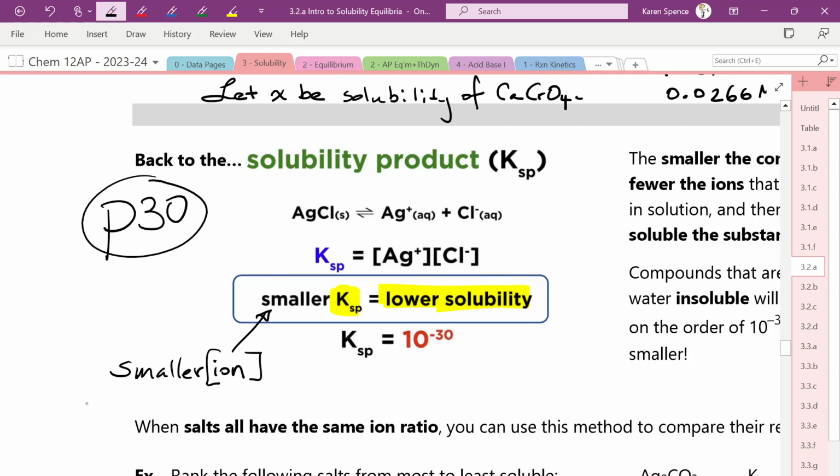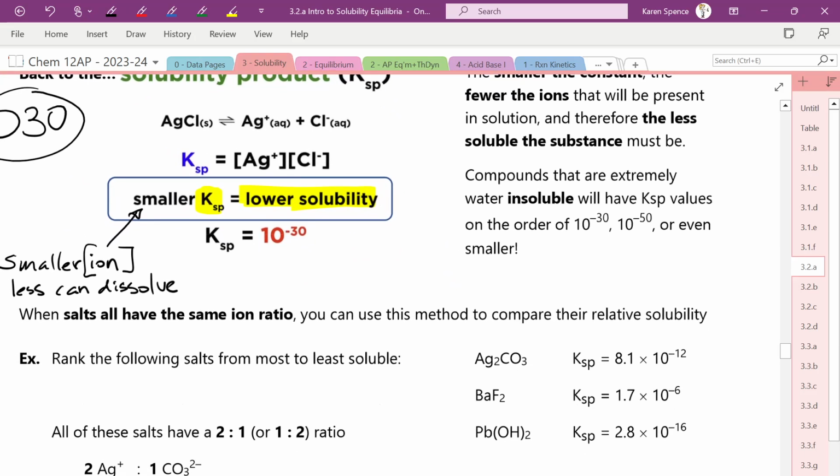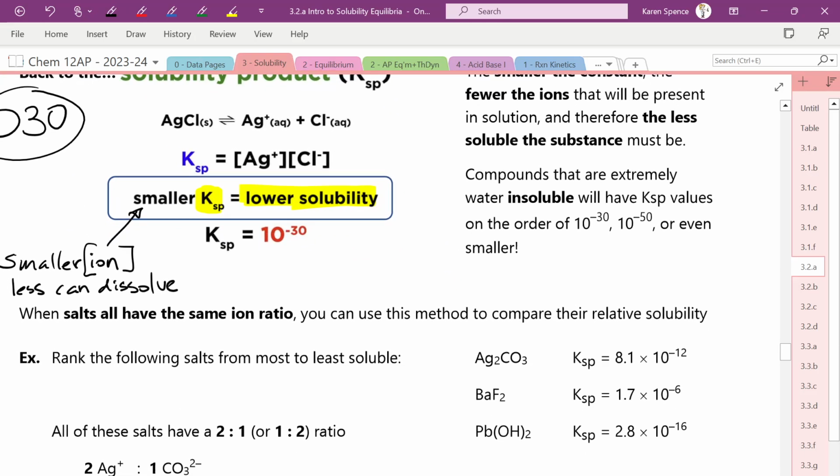Therefore, less is dissolved. Now, it is somewhat difficult to make direct comparisons unless you have the same ion ratio. So when you have the same ion ratio, either 1:1 or 2:1, you can make direct comparisons without actually having to do any math. Okay?